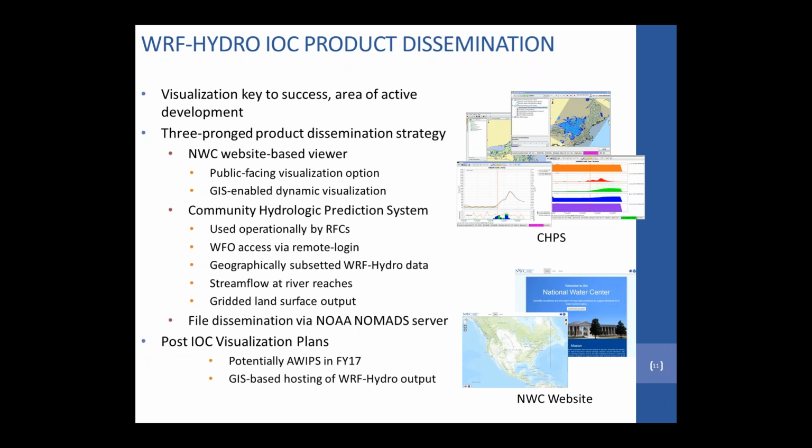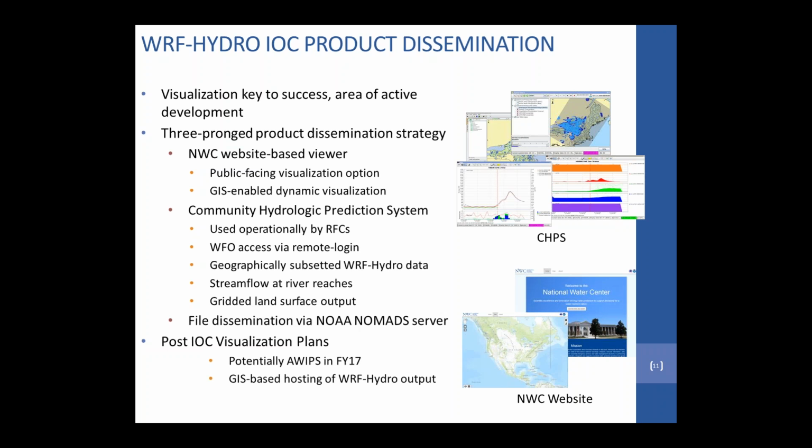So there will be a GeoServer that the website viewer will point towards or access. And you'll be able to call up visualizations, dynamic visualizations, zoomable, subsettable by geographic region. You'll be able to call up visualizations of some core quantities such as stream flow, soil moisture, maybe a few other quantities. We're still trying to refine the list at this point.